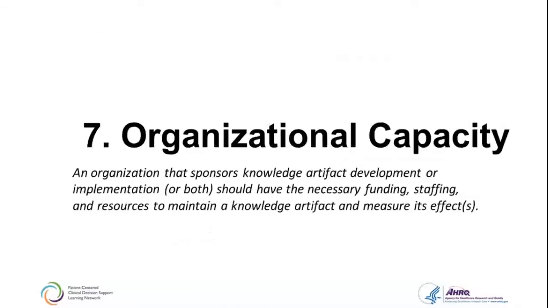Attribute 7 is, I think, interesting because it looks at how you trust trustability from an organizational perspective. Does the organization that sponsors a knowledge artifact's development or implements that artifact, or both, have the necessary funding, staffing, and resources to maintain a knowledge artifact and measure its effects?